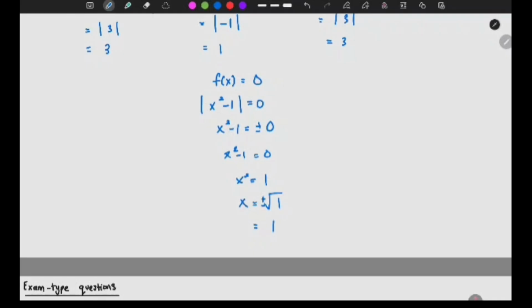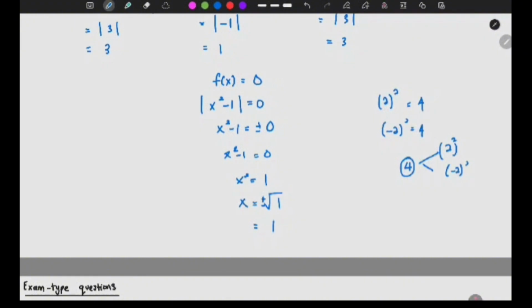Negative 2 square, it is also 4, right? So if this 4, I ask you, is this come from this 2 square or negative 2 square? From which? It can be from the both, right?